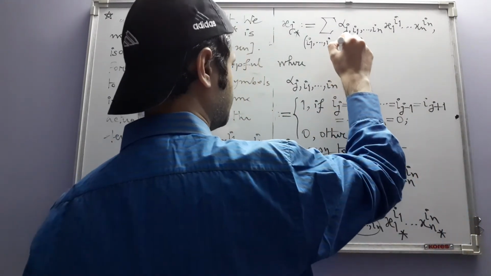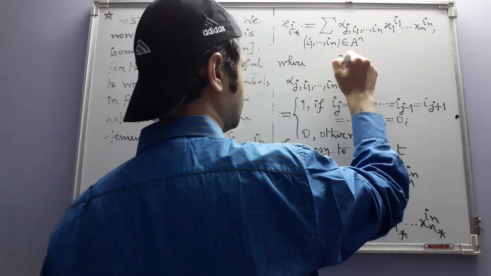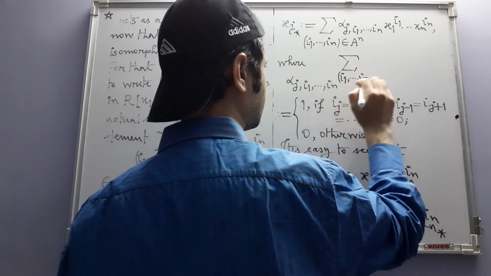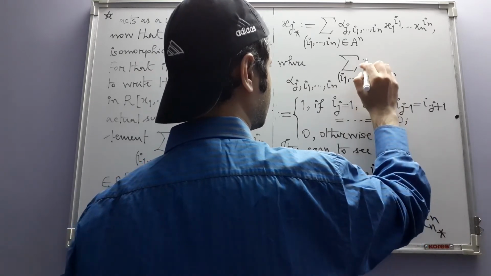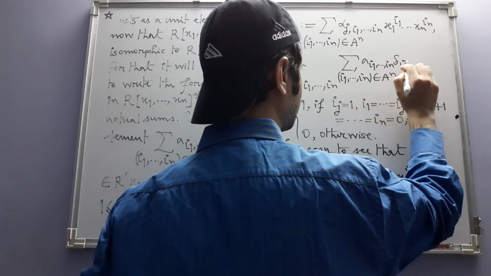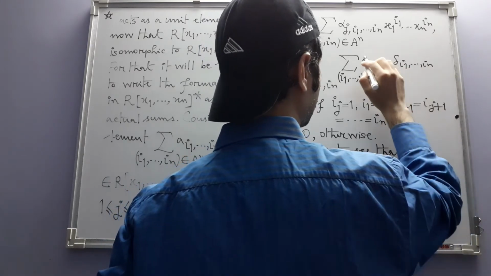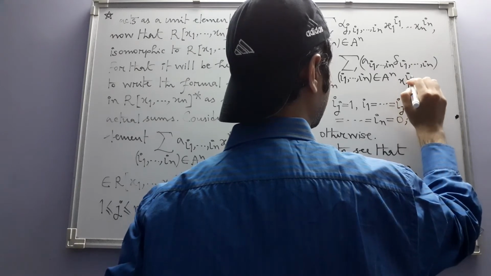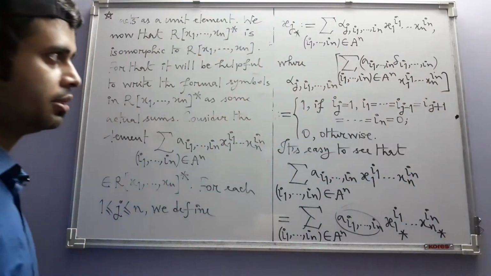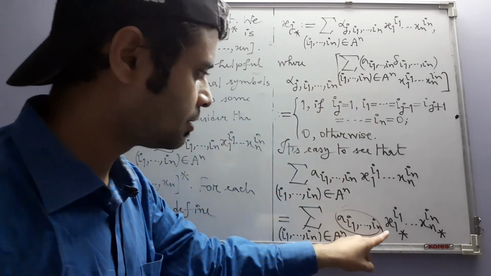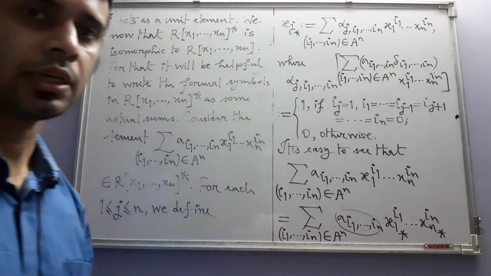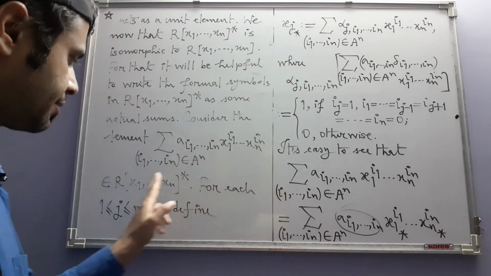Okay, so this is the element that I am talking about. If you multiply this element with this product, you will get this thing, and the sum of such elements, where the sum is actually the sum that we have in this ring.